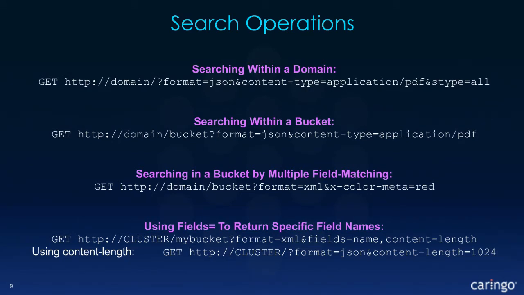So, a few examples of search operations here. Anyone familiar with the search bar on their browser? This will look very familiar, but the point is you can expect search speed responses from billions of objects in an object store.